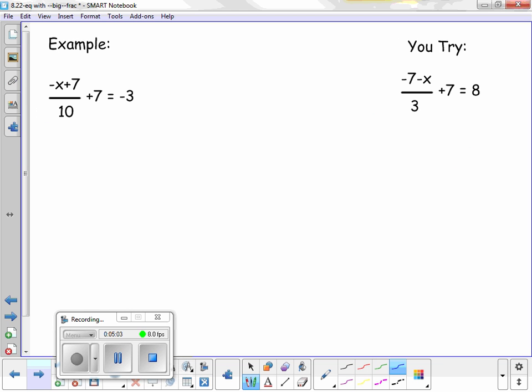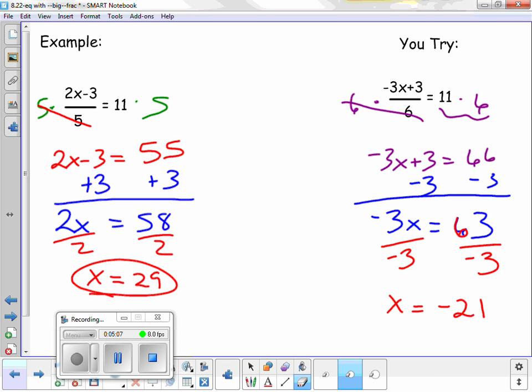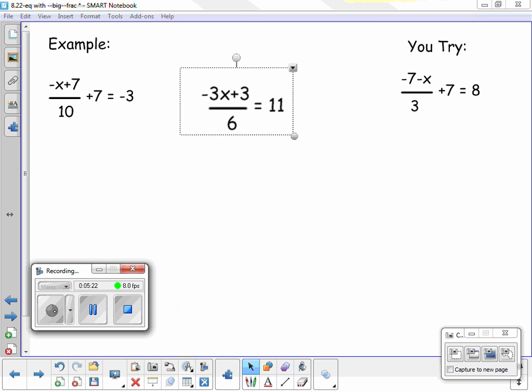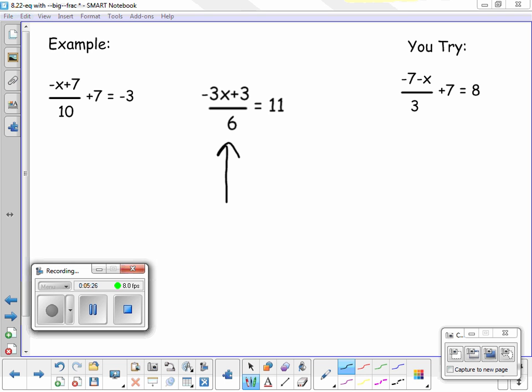Now, what's the difference between the problem on the left and this problem? Let's erase this. All right, I got it. So this was the problem we did on the last page.